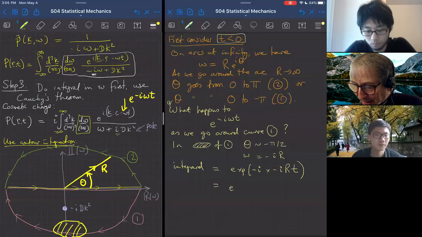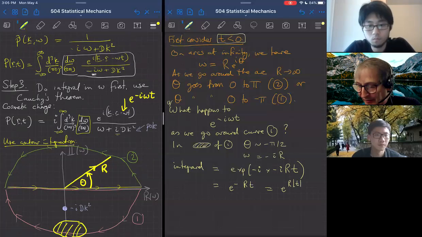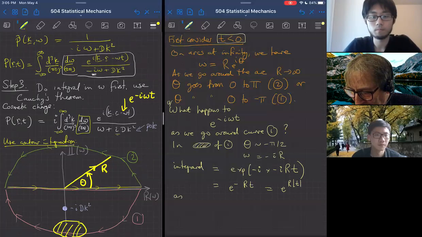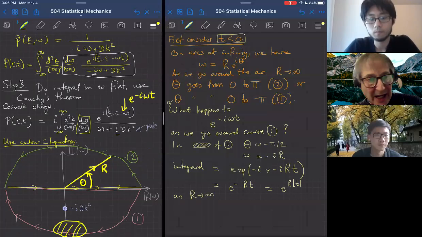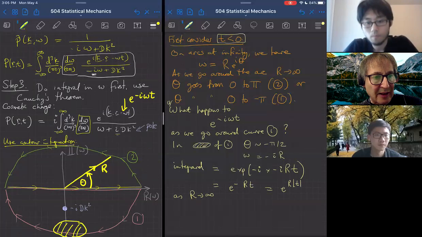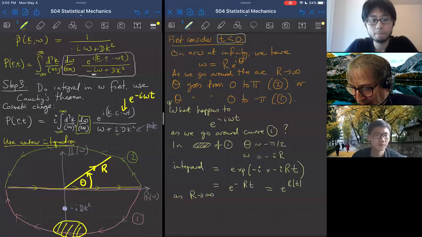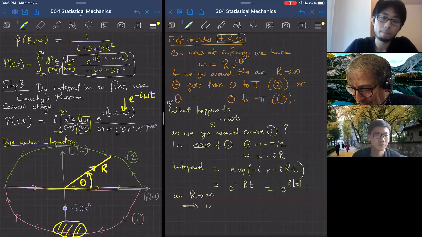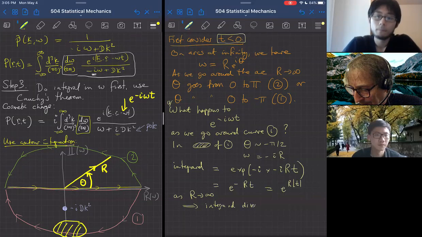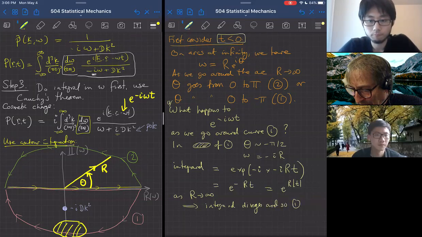So that is equal to e to the minus r times t, but t is negative, so this is e to the r times the absolute value of t, which is positive, and that has to be evaluated as r goes to infinity. If that's happening as r goes to infinity, then you can see that the integrand diverges. And so path number 1 doesn't satisfy the boundary conditions.